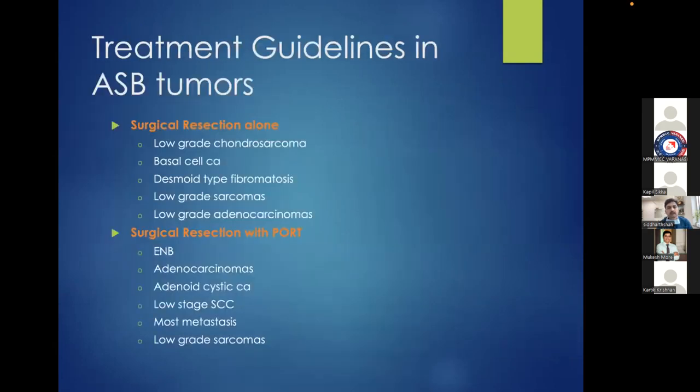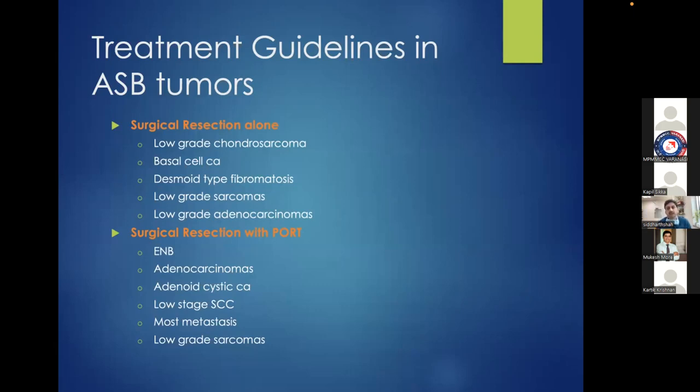In general, these are the treatment guidelines for anterior skull base tumors, primarily those arising from sinonasal cancer. Surgery alone may be for low-grade tumors. This is one category of tumors where histology determines and defines your treatment guideline. All low-grade tumors like low-grade adenocarcinomas, low-grade sarcomas, low-stage squamous cell carcinomas, basal cell carcinoma and chondrosarcomas are managed by surgery alone.